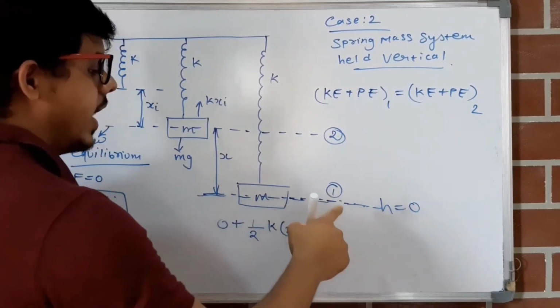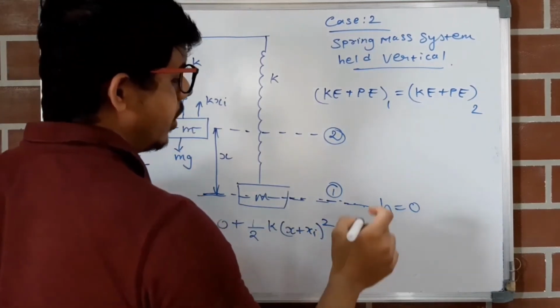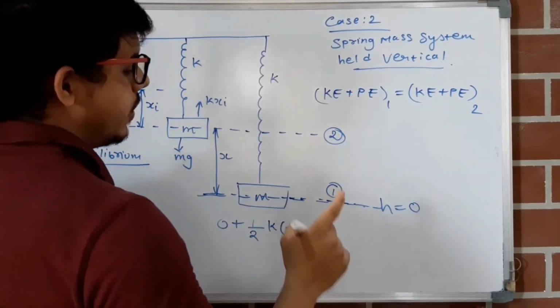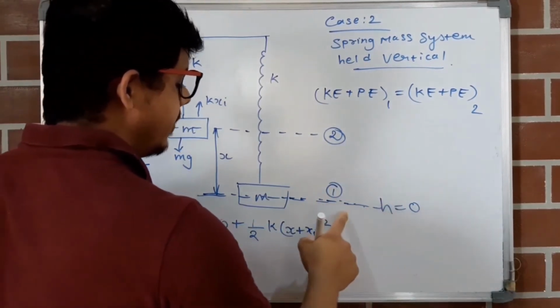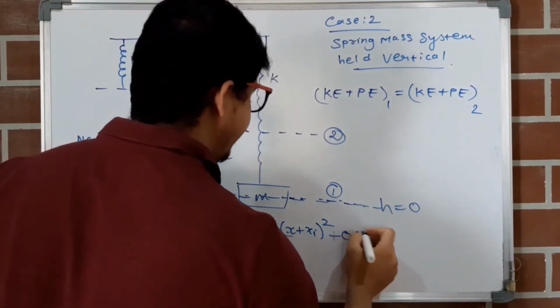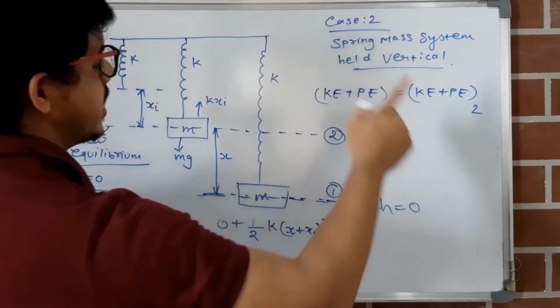So at point 1 there will be no gravitational potential energy because U equals mgh, that is gravitational potential energy equals mg into h. So h is 0 at point 1, so it will be 0. So gravitational potential energy at point 1 will be 0, which is equal to kinetic plus potential at point 2.